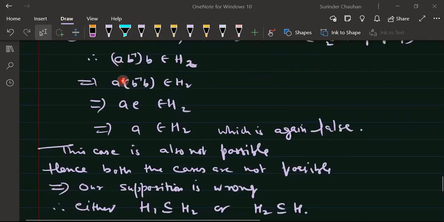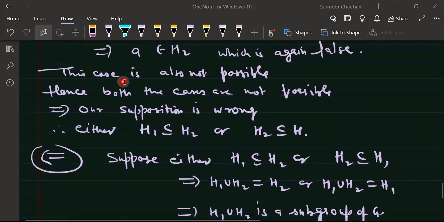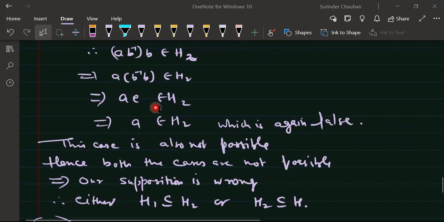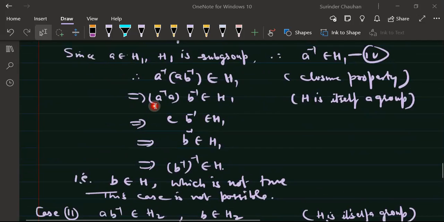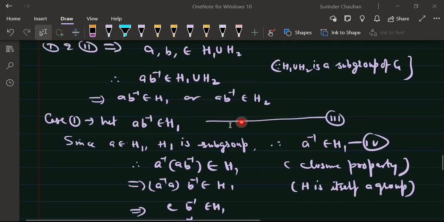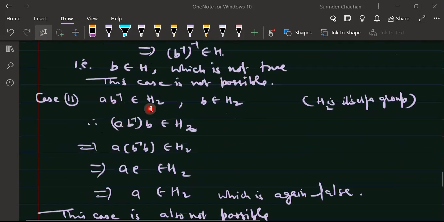Similarly, we can prove the second part. Suppose ab inverse belongs to H2. Since b belongs to H2 and H2 is a subgroup, by the closure property ab inverse times b belongs to H2.